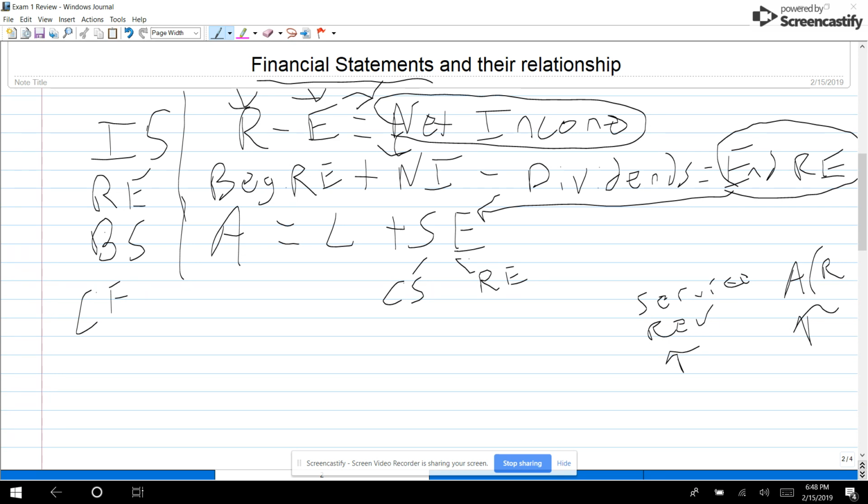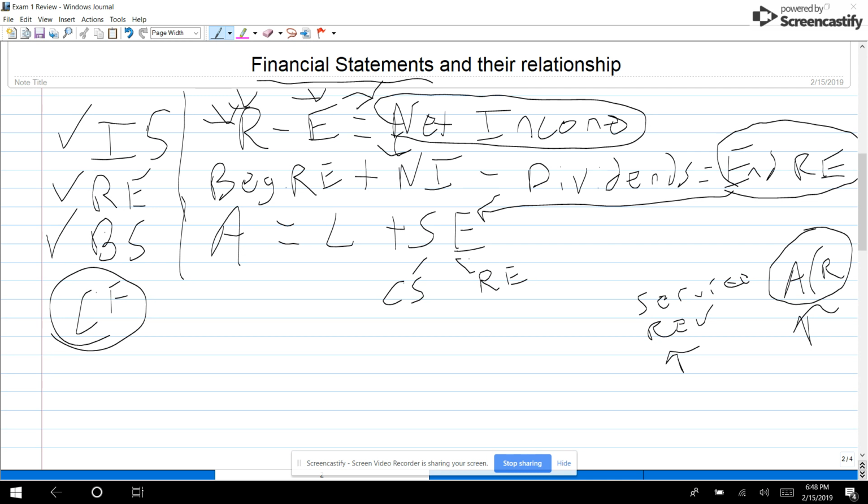Well, we know that revenues are going on the income statement, so the income statement is being affected, and it's going to feed into net income, so the statement of retained earnings is going to be affected. And accounts receivable is an asset, remember, because it's an economic benefit of somebody else going to be paying us something. So it goes on the balance sheet. But the statement of cash flows isn't affected because there's no cash in this transaction.